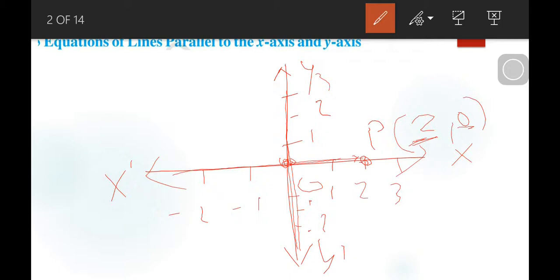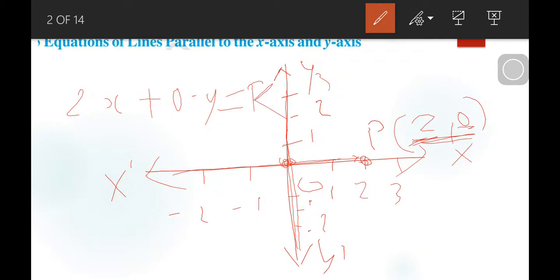Let us take one more point. If you want to find the algebraic expression or linear equation for this point, we can write 2x plus 0y is equal to some value.